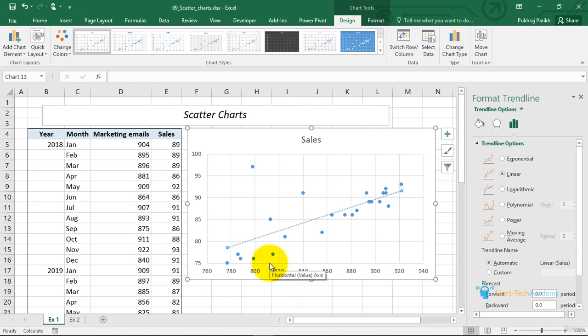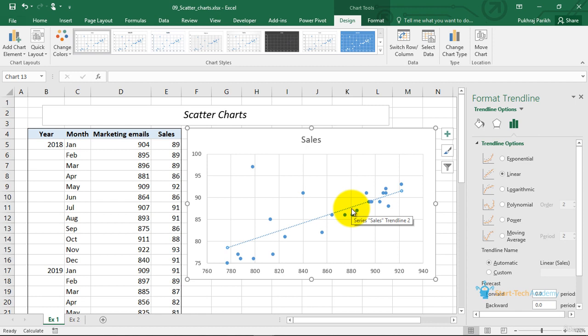You can also see in this trend line, if I increase the x-axis value, that is the marketing emails, from nearly 780 to 880, that is, a 100 unit increase, I send an additional 100 emails to the customers, I will increase the sales from approximately 79 to approximately 88.